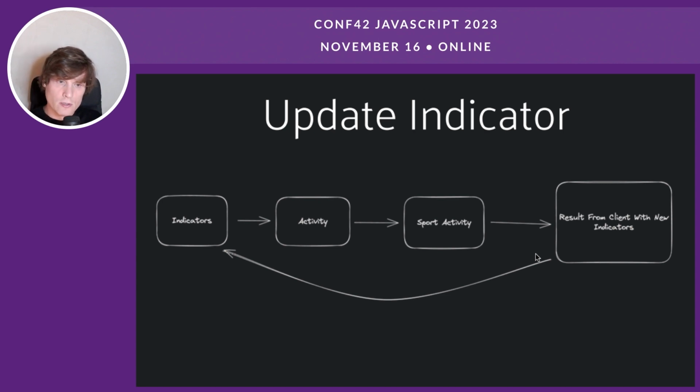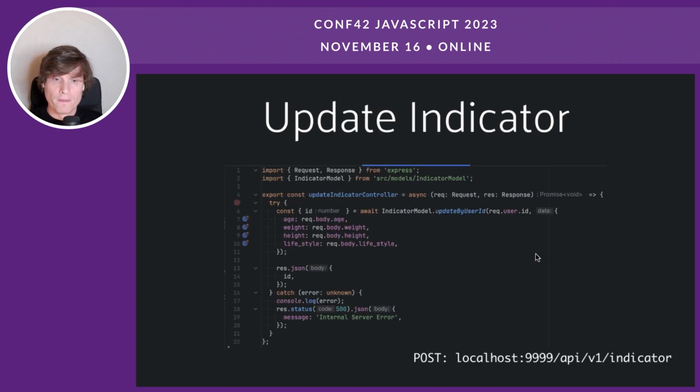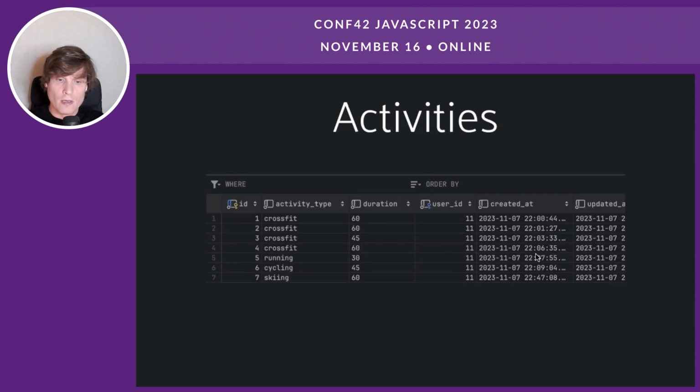So we send the updated indicators from the client, then we get the activity, and based on this information we get back the sport activity. For updating indicators, we have another controller where we just deal with the indicator model as usual. We update by user ID and set those indicator updates right away.